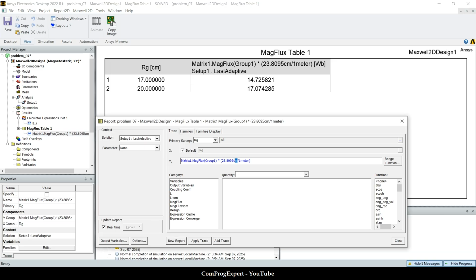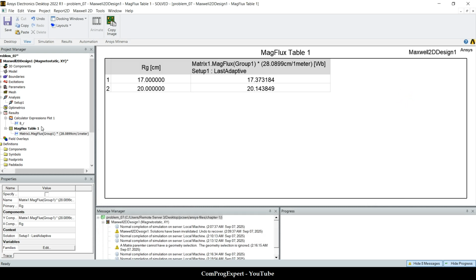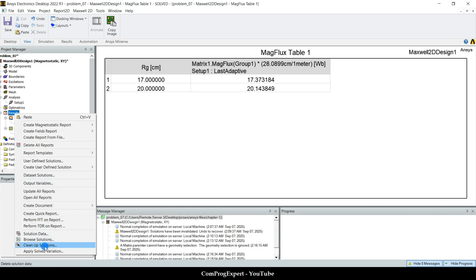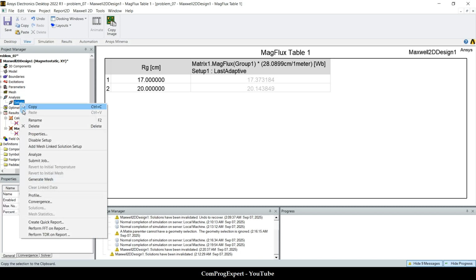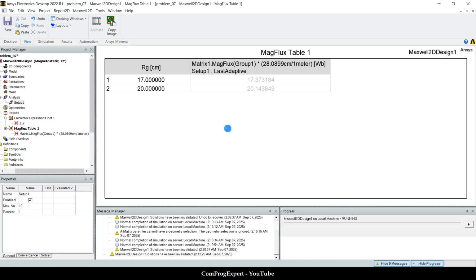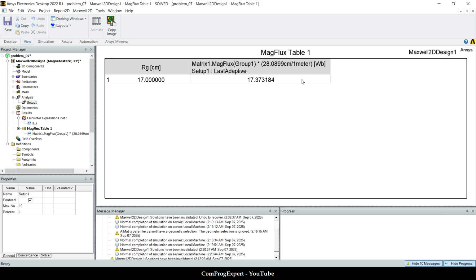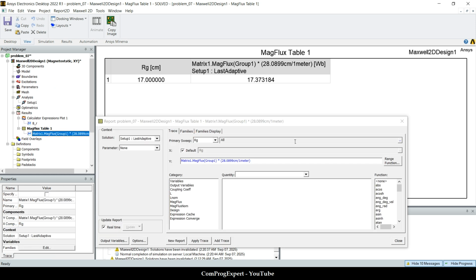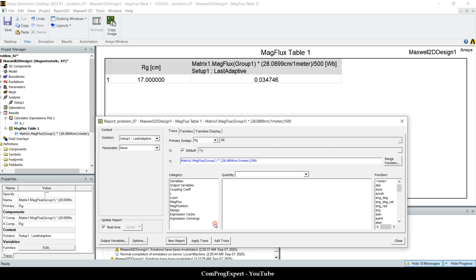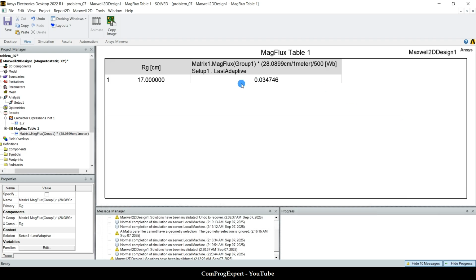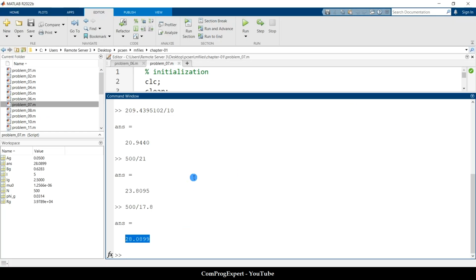This is 28. So let's clear the solutions and repeat the example. Okay, so this is the flux linkage. You can try other dimensions. And finally, if we divide this by 500, this is the value of the air gap flux, 0.34.